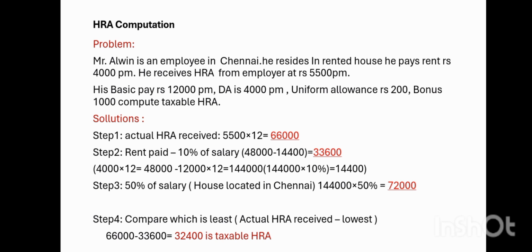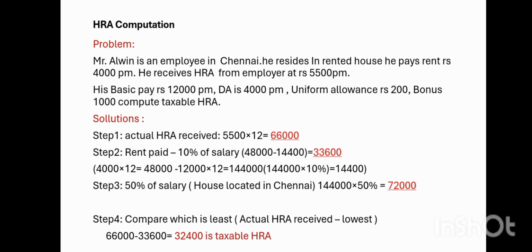In the last step, we have to compare and take the lowest amount, and then deduct it from the actual HRA received to get the taxable amount of HRA. The actual HRA received, calculated in step 1, is 66,000, minus the lowest amount of the second and third steps. Comparing them, 33,600 is the exemptible amount of HRA.